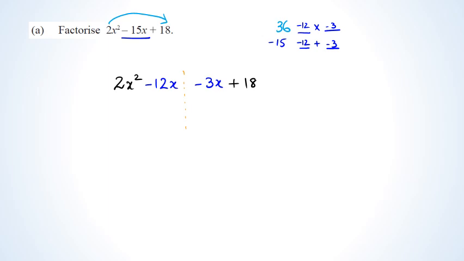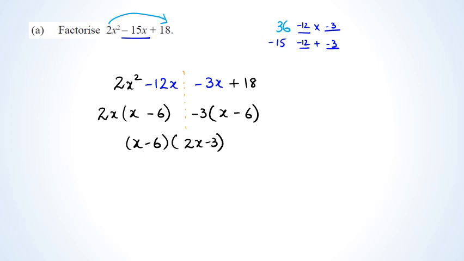So 2x is my common factor, so I can take out 2x as a common factor, and I have x minus 6. While on the right-hand side, I could take out negative 3 as a common factor, which means I would get x minus 6. Now I have x minus 6 and x minus 6 as common factors, so I could write this as x minus 6 and 2x minus 3. Okay, and that's how you do the first question, which happens to be an achieved question.